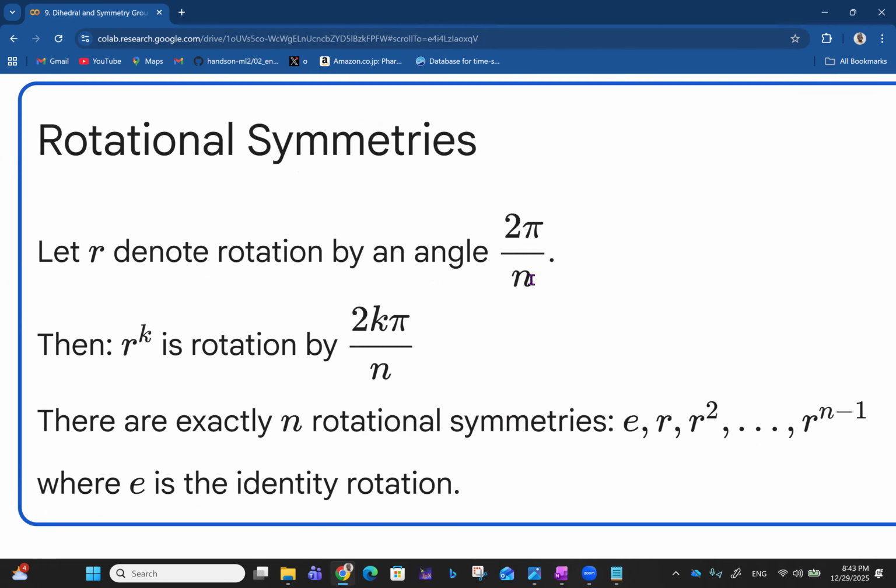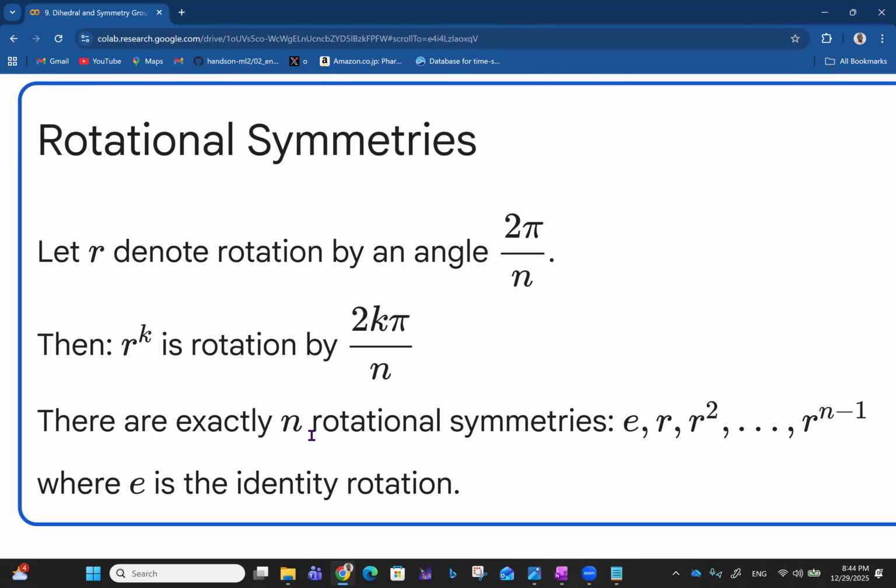So this is 360 over 4, which is 90. So R is rotation by an angle 2 pi over n. Then R raised to k now is rotation by 2k pi over n. So you just multiply this by k, right?